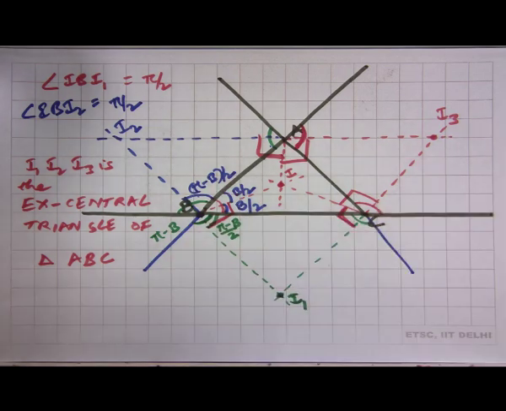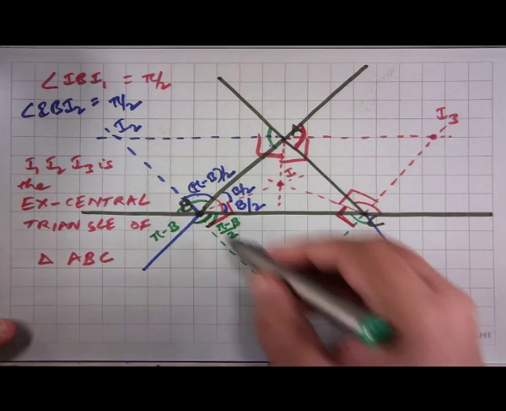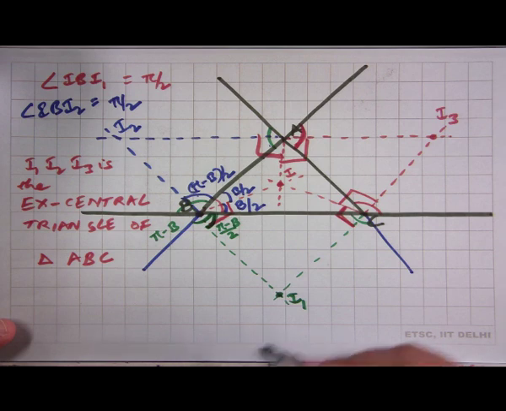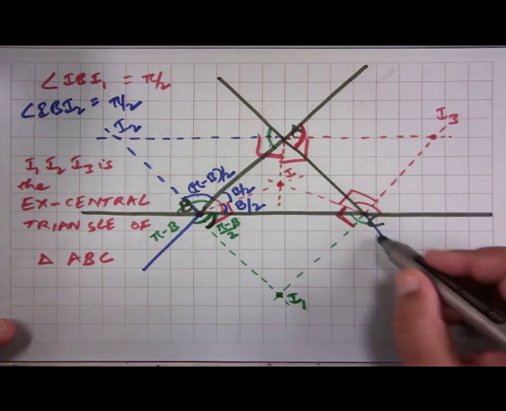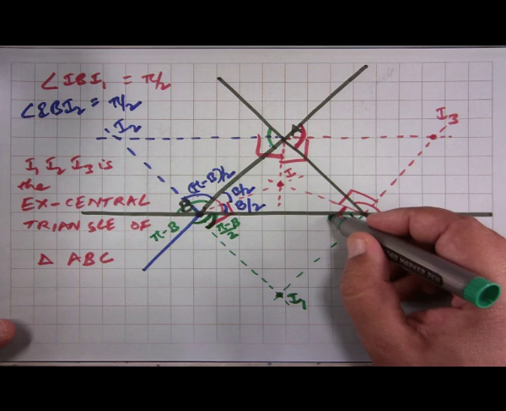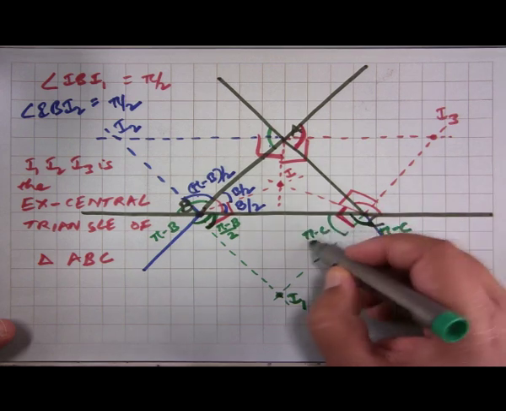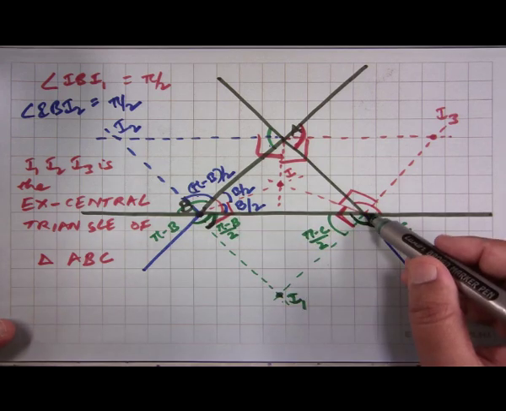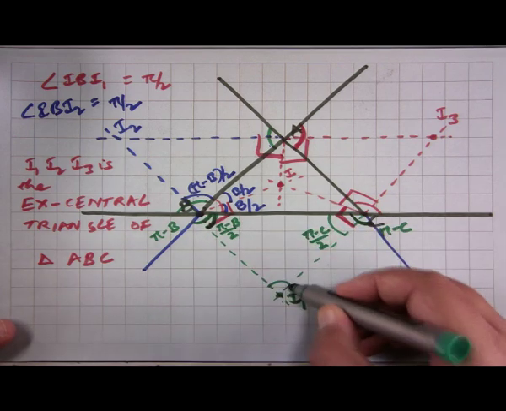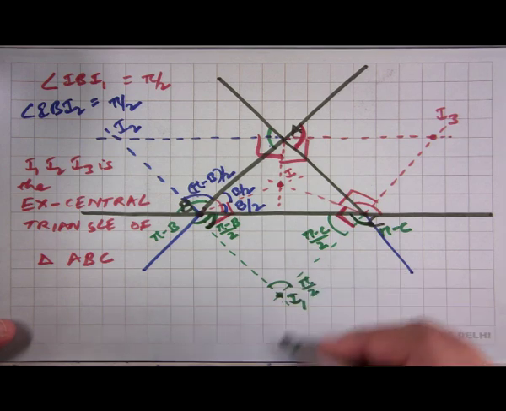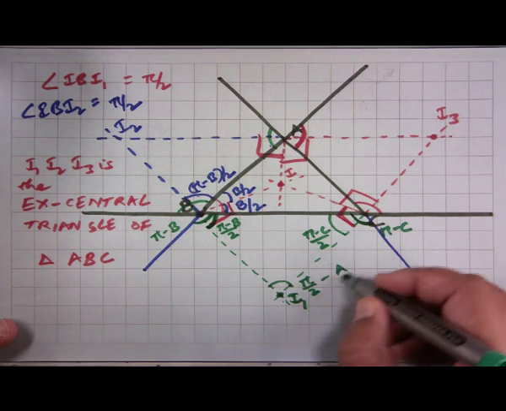So, the angles are not particularly difficult, because if we see here, we had shown that this is pi minus b over 2, and similarly, because this entire angle here is pi minus c, this angle would be pi minus c over 2, and then because B I1 C is a triangle, this angle is equal to pi by 2 minus a by 2.